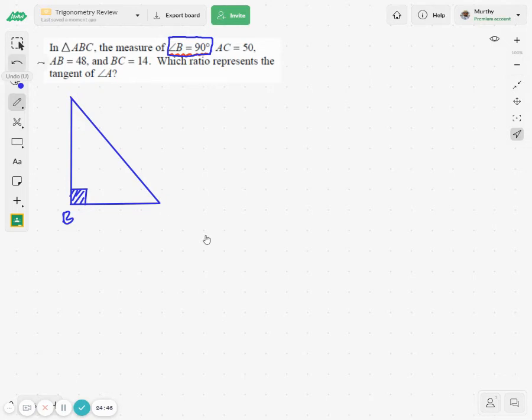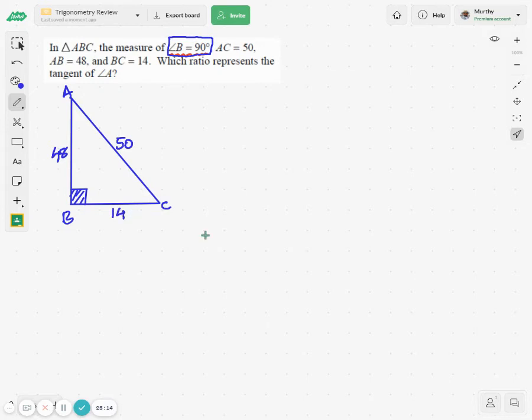The only thing is you have to make sure that the given angle, especially the 90 degrees, is properly labeled. Then you can label the other two letters whichever way you like. Now, AC is 50, so let me mark these. AB is 48, and BC is 14.